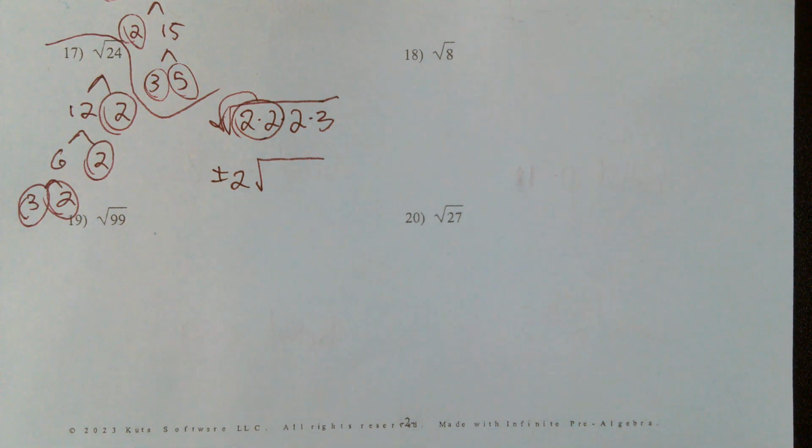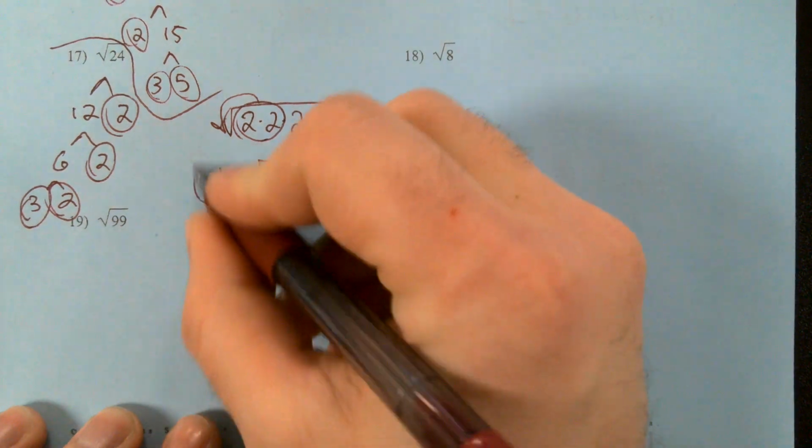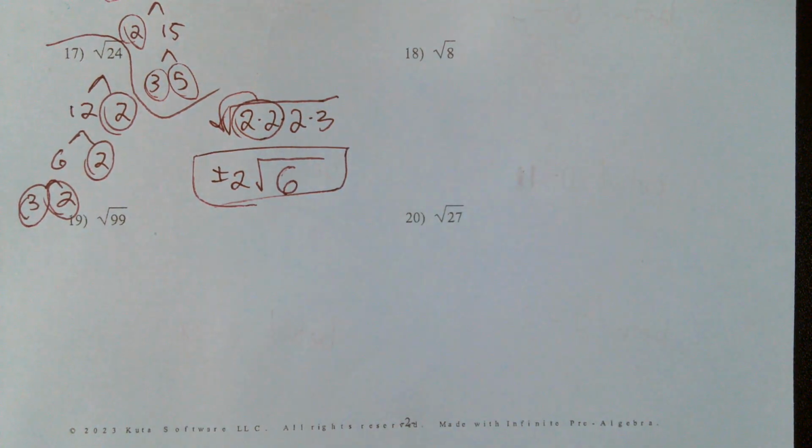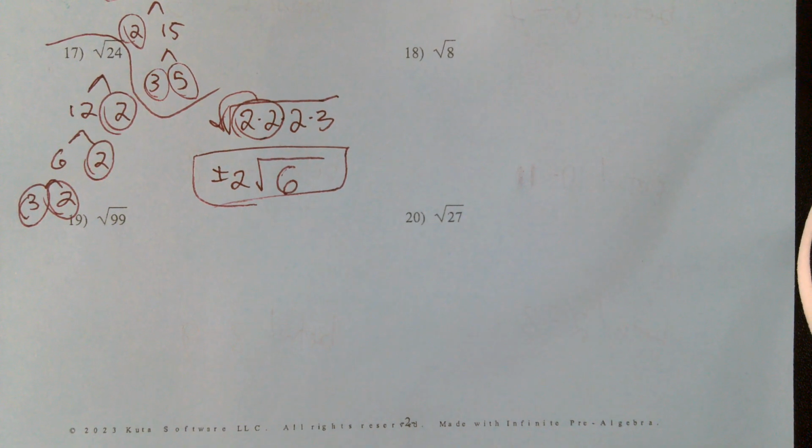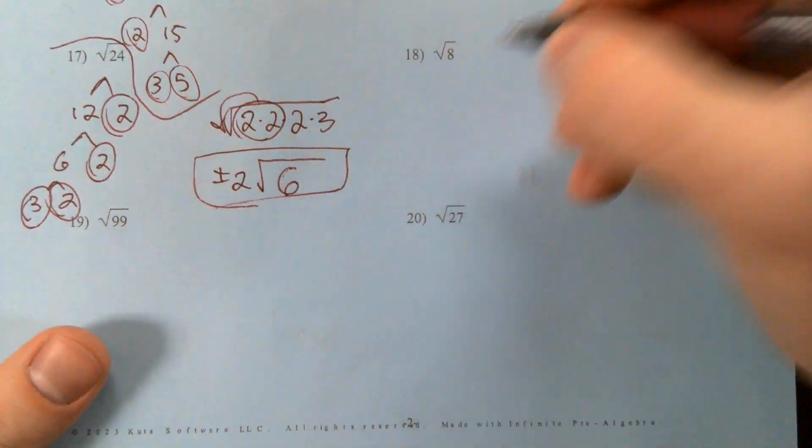No? We're going to multiply it. Thank you, Jariah. We're going to multiply it and get 6. Plus or minus 2 root 6. Two root 6.